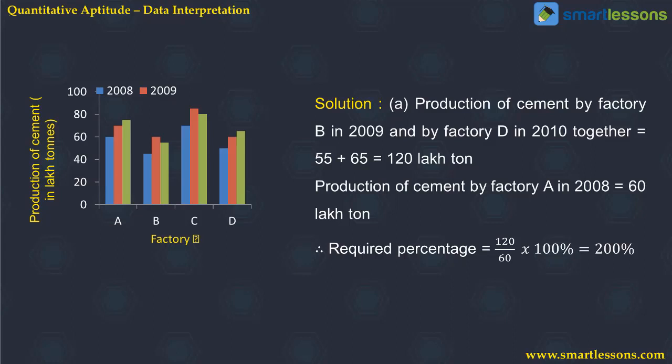So what percent is 120 to 60? That is 120 by 60 into 100, so that is 200%. So which option is correct? Option A is the correct option.